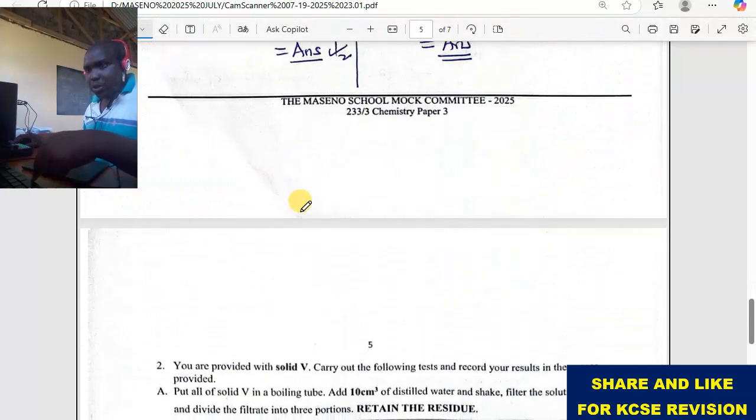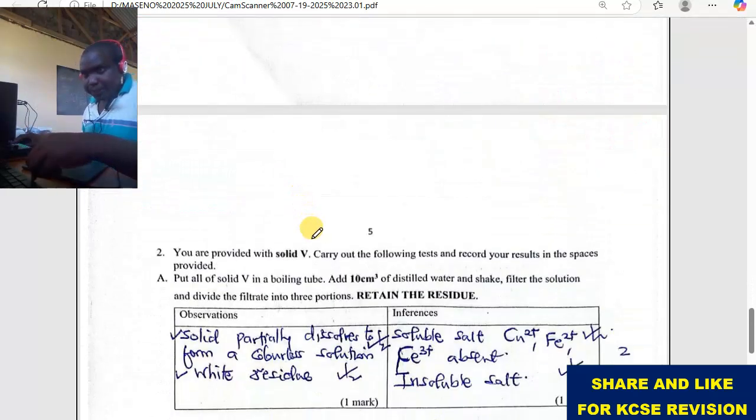So you will be given the observation and then you write. The solute partially dissolves, forming a colorless solution. If it forms a colorless solution, it means the colored ions are absent. Then a white residue means it is insoluble.